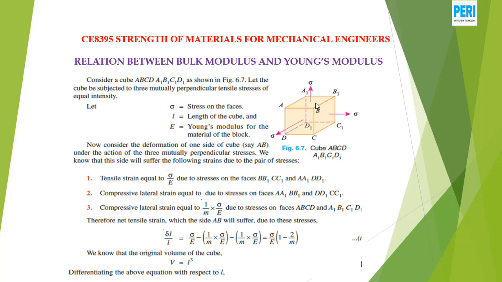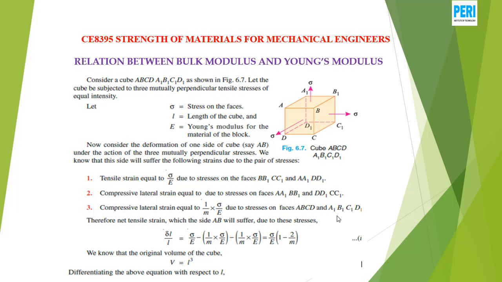So compressive lateral strain equals 1 by m sigma by E, due to stresses on the face A1, B1, D1, C1, C, and in the other case also, due to stresses A, B, C, D and A1, B1, C1, D1.